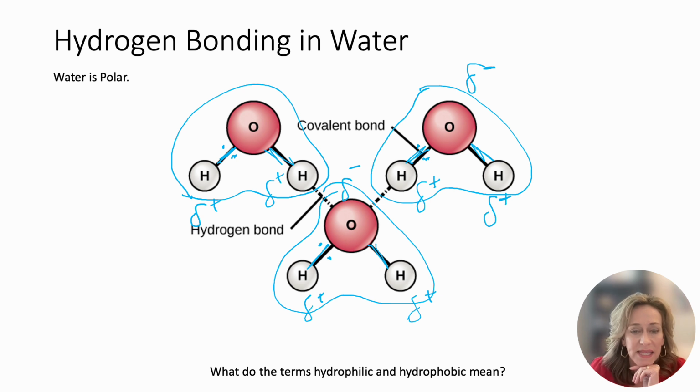Now, what that does is it leads to another type of bonding called hydrogen bonding. Hydrogen bonding is not occurring by electrons being shared or transferred.